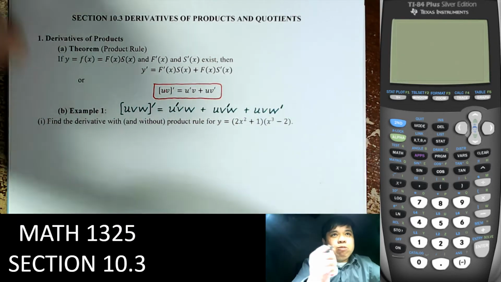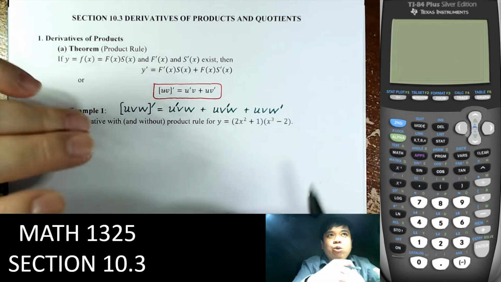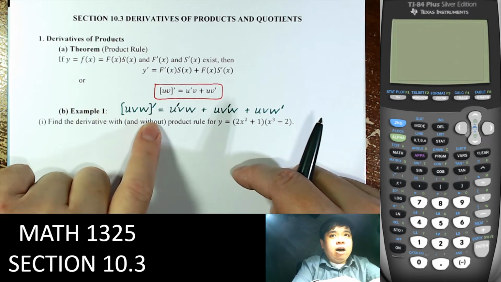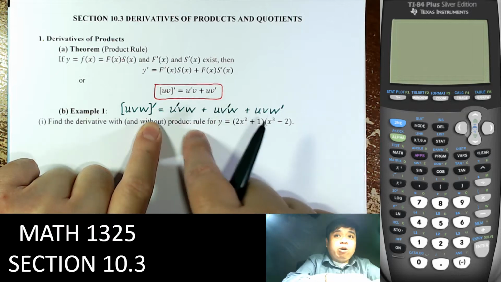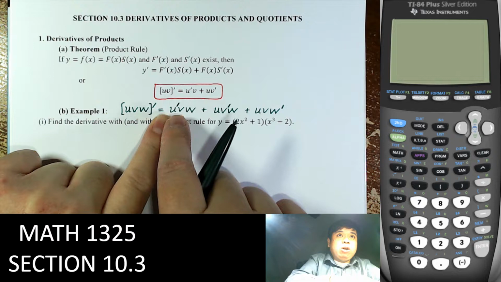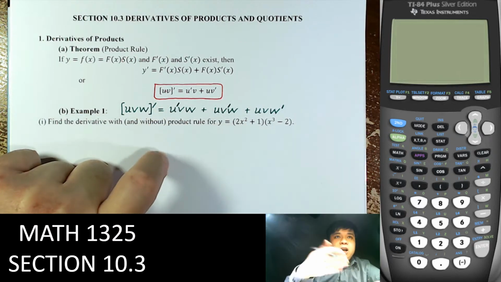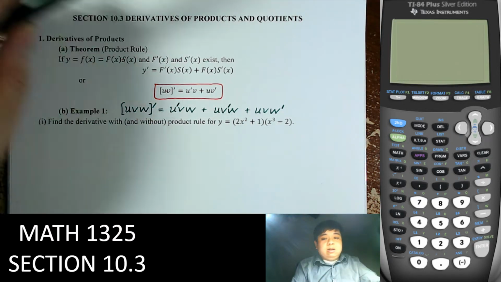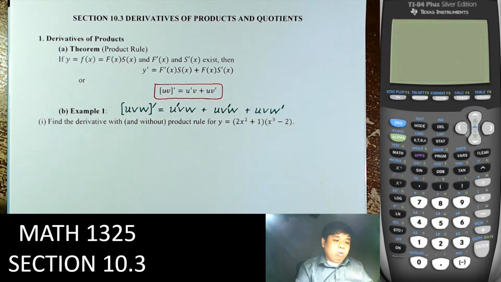So that's how the product rule works in general. You will see the pattern. If there are four functions multiplied together, there will be four terms, each one a product of four, and the derivative will jump from the first to the second to the third, and so on. So that's how the product rule works.